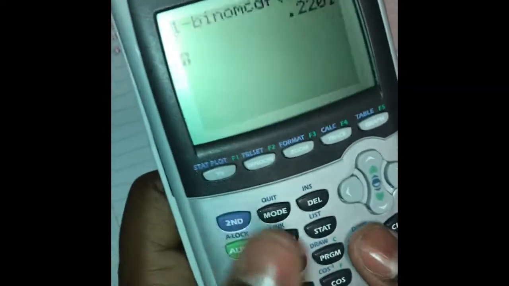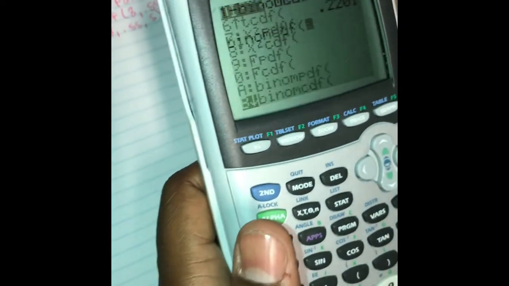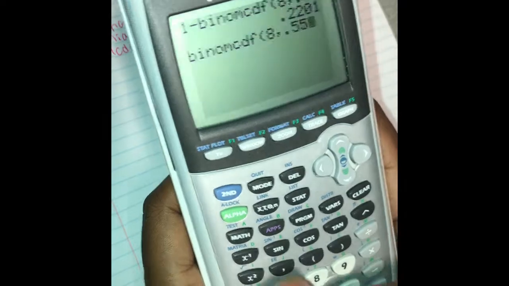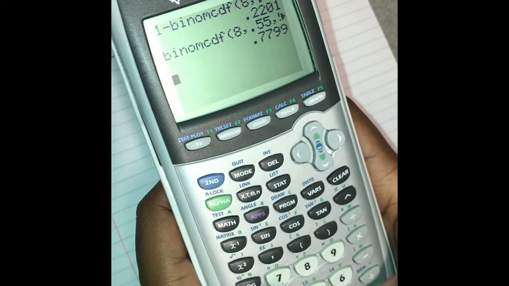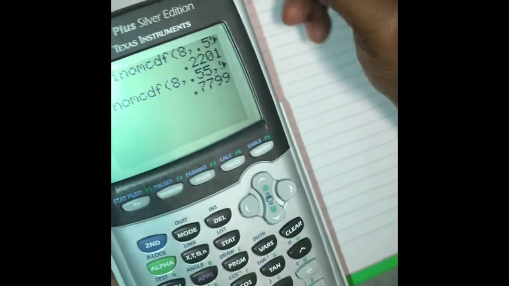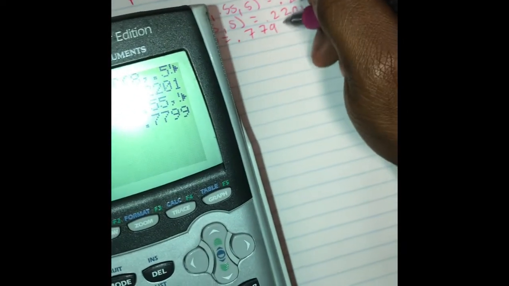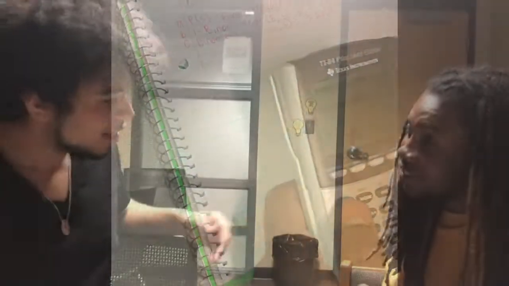And then you plug that in your handy dandy calculator once again. And you get 0.775999. And you have completed the problem.